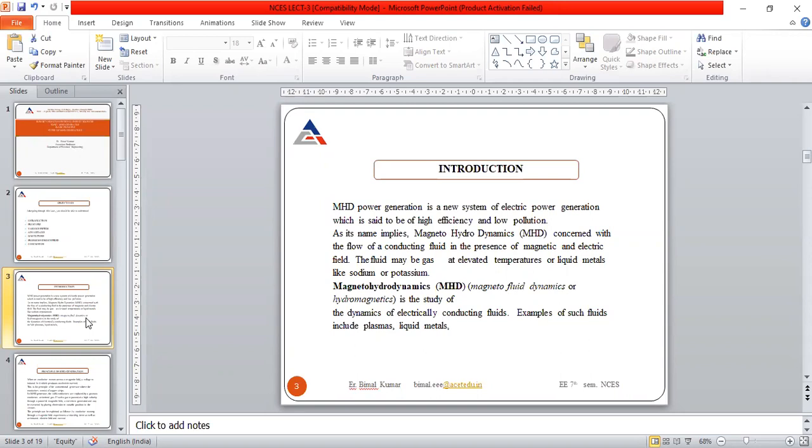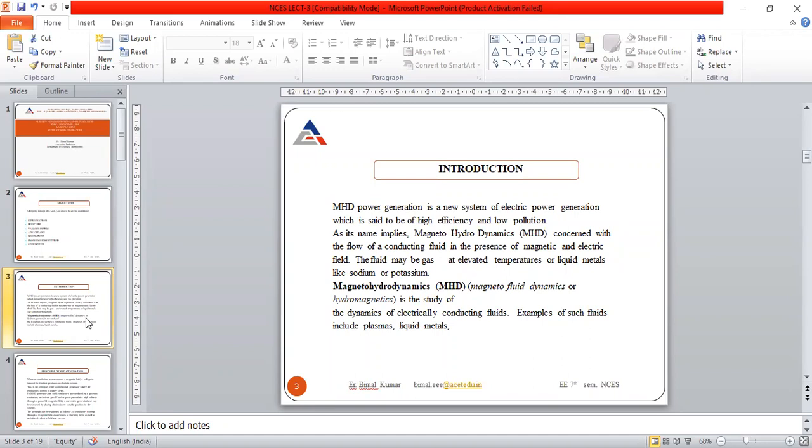Then MHD, magnetohydrodynamics or magnetofluid dynamics, right? This is the study of the dynamics of electrically conducting fluids, right?